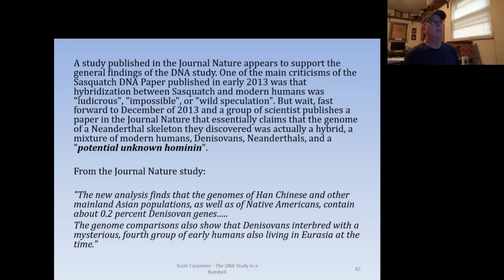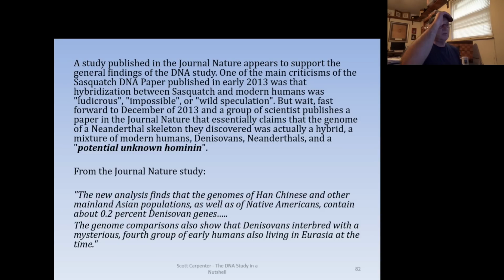But wait, fast forward to December of 2013, and a group of scientists published a paper in the journal Nature that essentially claims that the genome of a Neanderthal skeleton they discovered was actually a hybrid and a mixture of modern human, Denisovians, Neanderthals, and a potentially unknown hominid. So basically, they are saying the same thing.